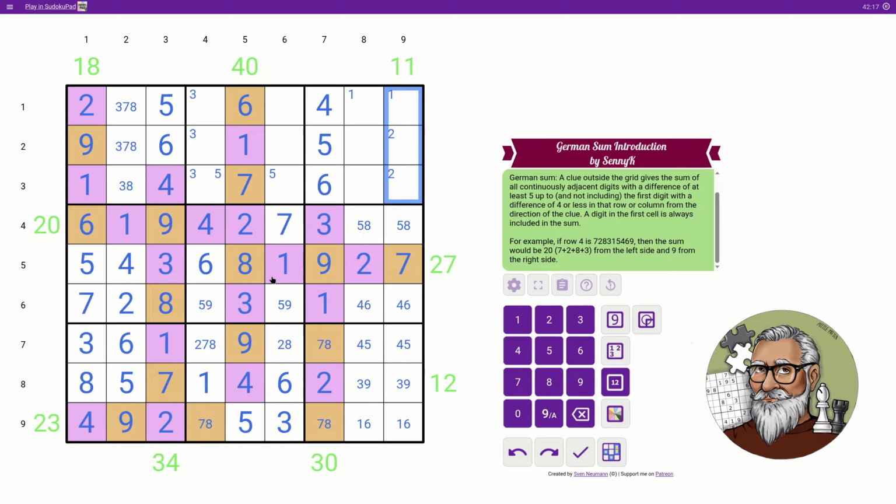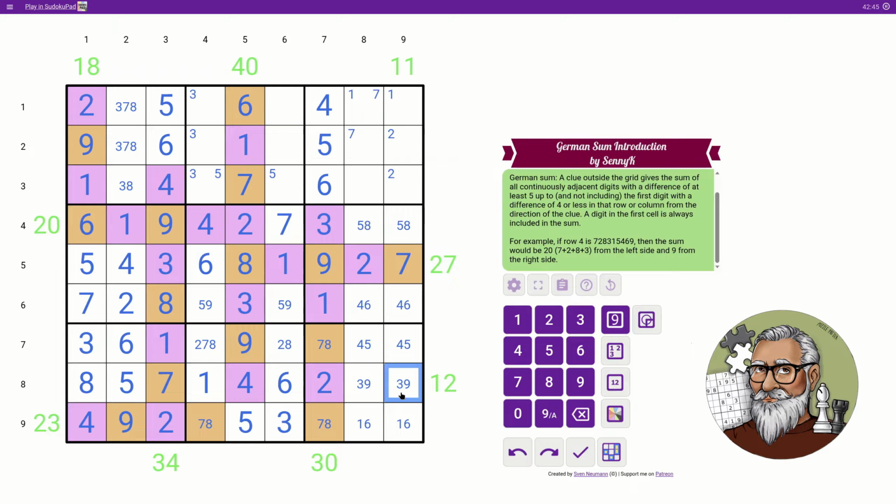But these are the only two possibilities, right? No, there's 3, 8 as well. What am I missing here? Oh, 7. Yeah, one of those is 7. Doesn't help me, but okay.